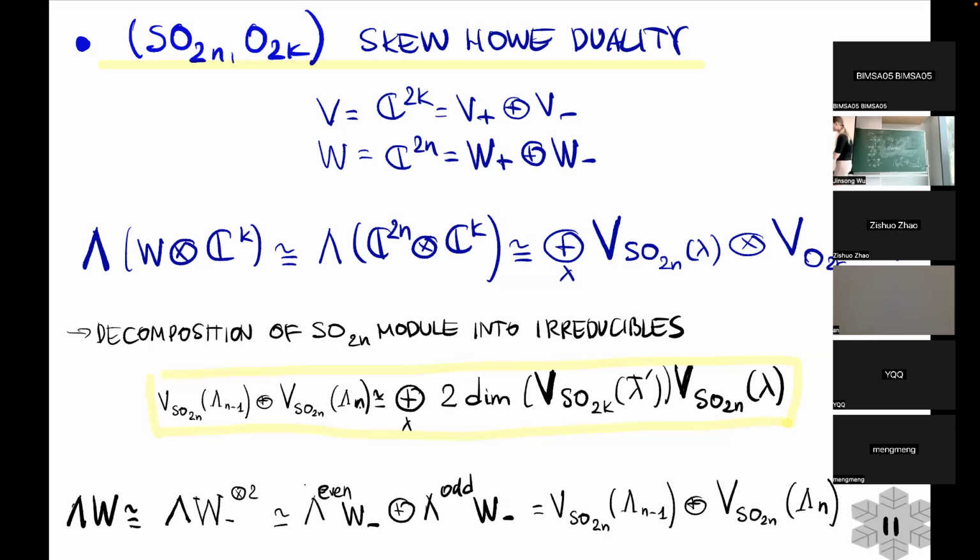Because the exterior algebra of the standard representation could be decomposed into a sum of even and odd powers, and these two modules are exactly the last fundamental module of SO(2n) and the one before that. So this is the sum that we take the tensor power of, and then it could be decomposed into irreducibles.